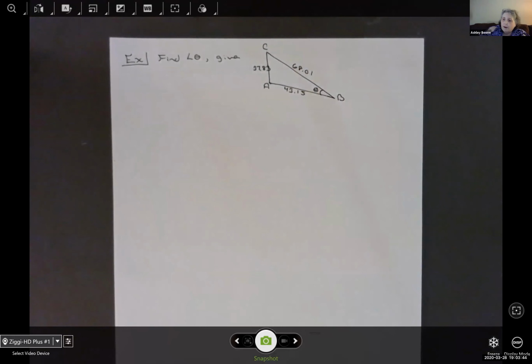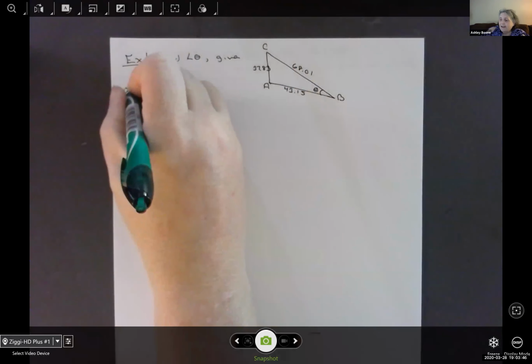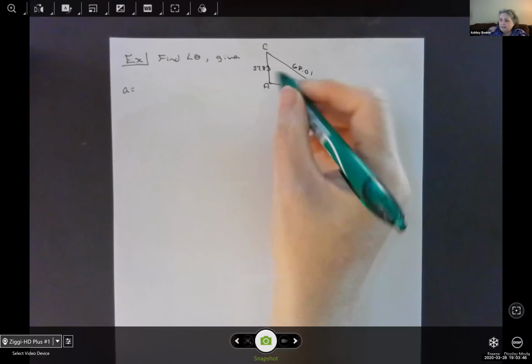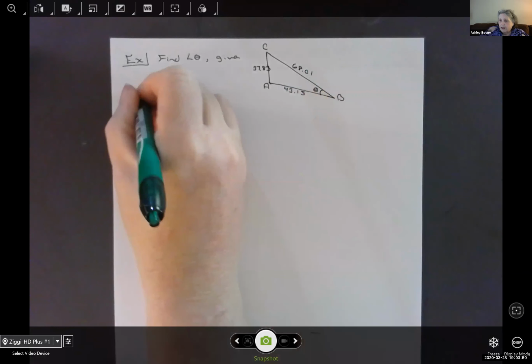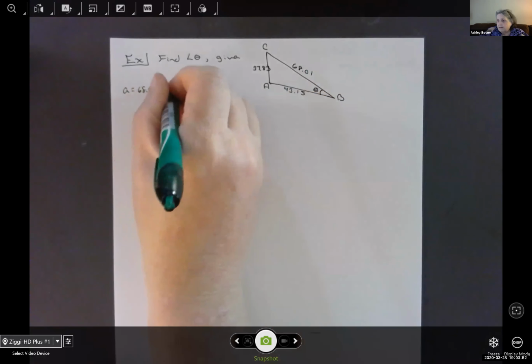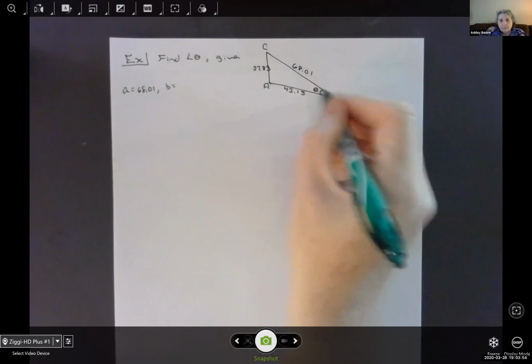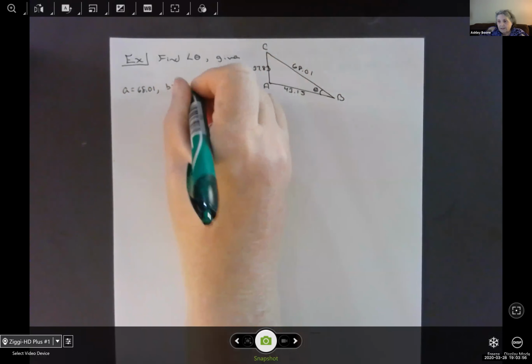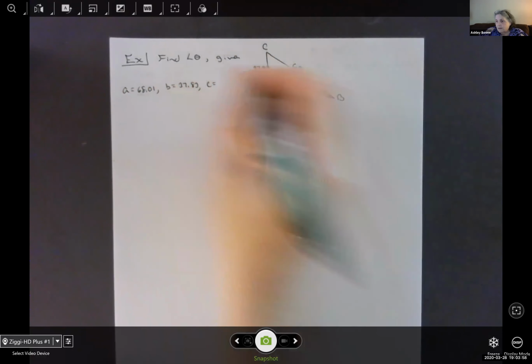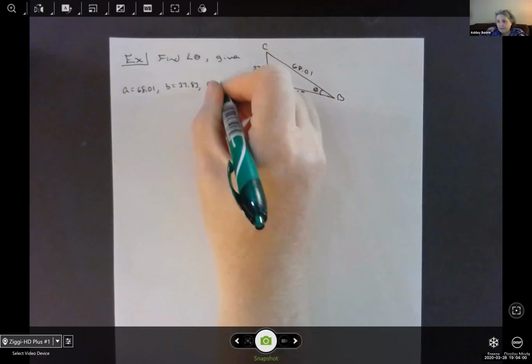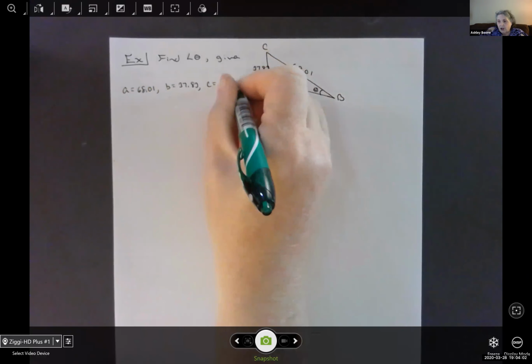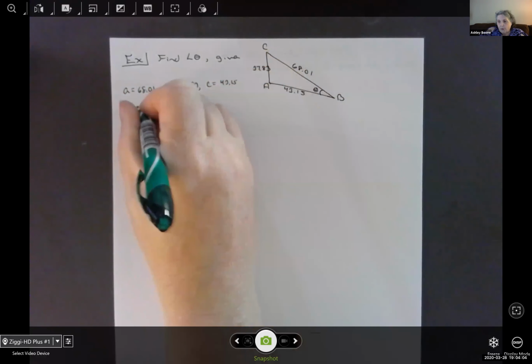I know side a, that's opposite of A, is 68.01. I know side b is 37.83, and I know side c is 43.15. I know no angles.